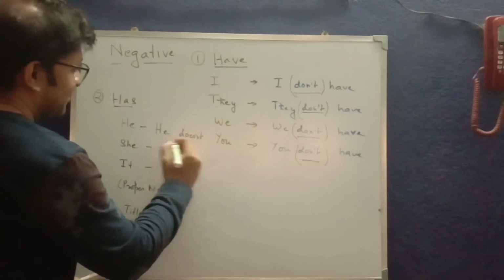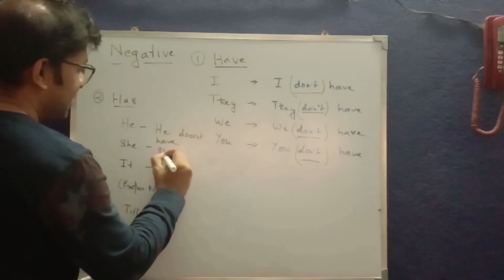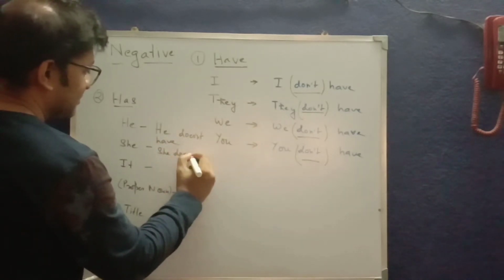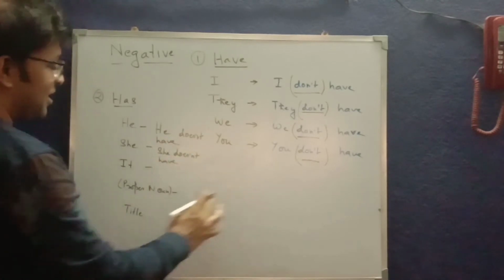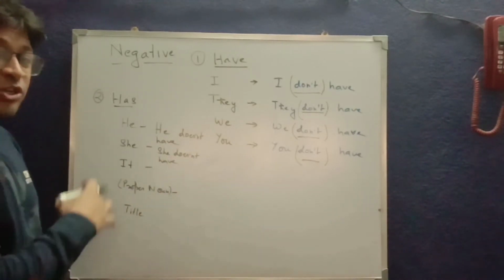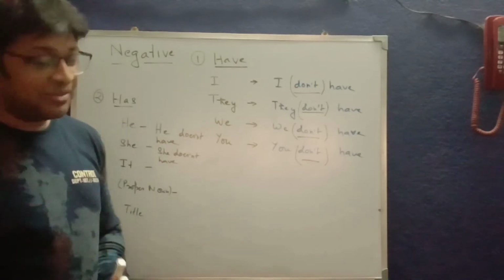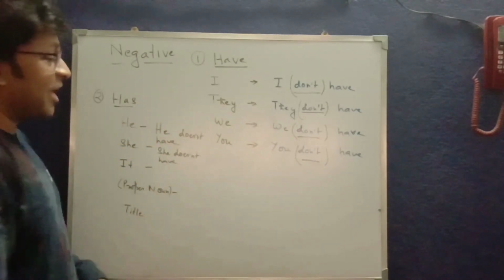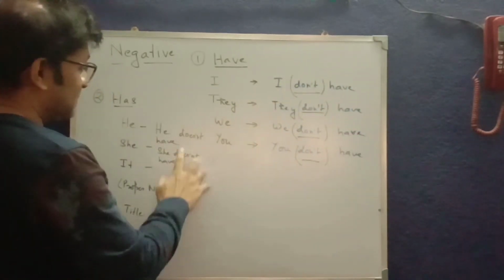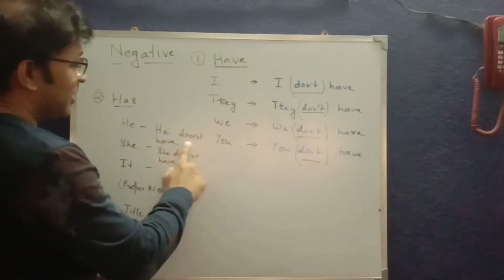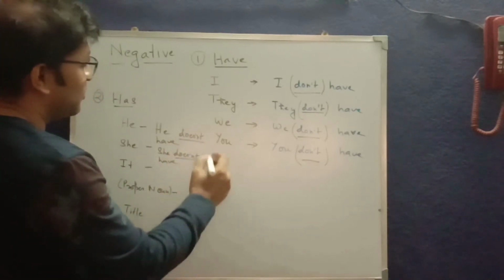He does not have, she does not have, it does not have, Amit does not have, Chota Bhim or any kind of title does not have. So you have to be very careful in case of singular, and when we are making it negative, we are not going to change these things, but what we are going to change is this portion.